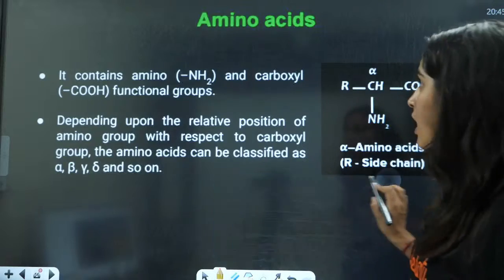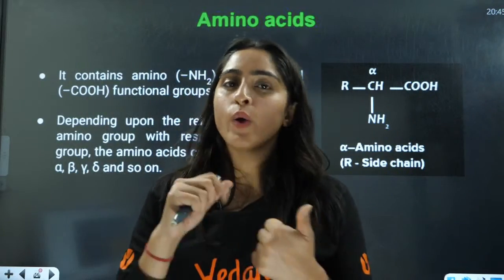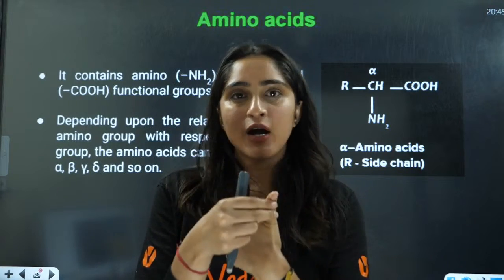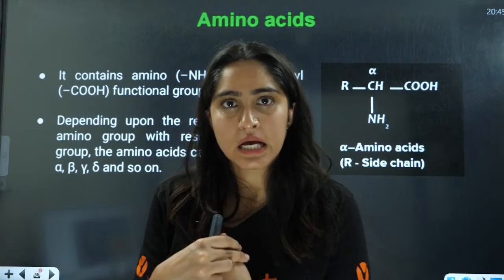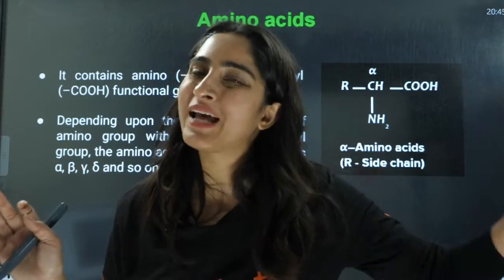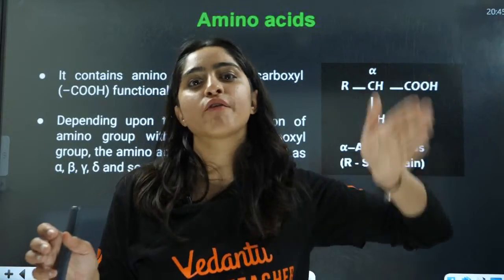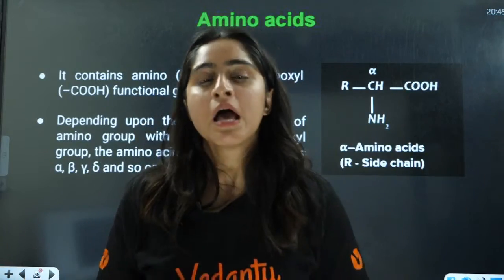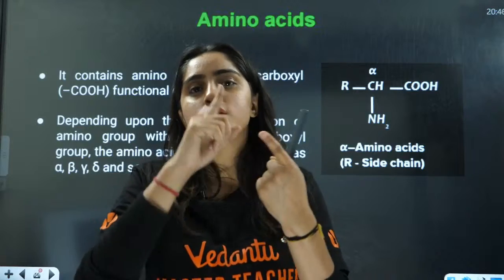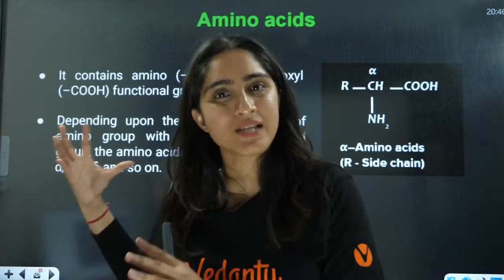Next we have amino acids. We have done carbohydrates: glucose, fructose, galactose. Glucose has an aldehyde group, fructose has a ketonic group, and galactose is the same as glucose, it just differs at the C4 position. After that we made sucrose, maltose and lactose from the monosaccharides.